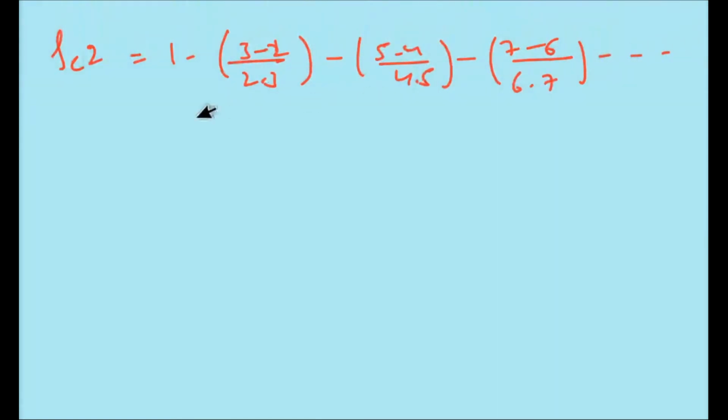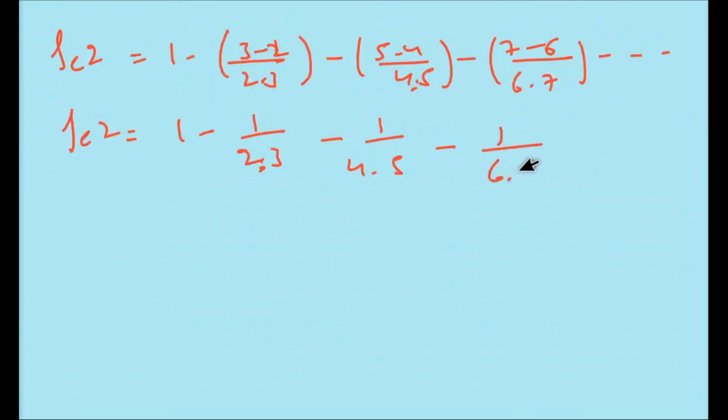So we get log e base 2 equal to 1 minus 1 upon 2 into 3 minus 1 upon 4 into 5 minus 1 upon 6 into 7. So this you have to learn.